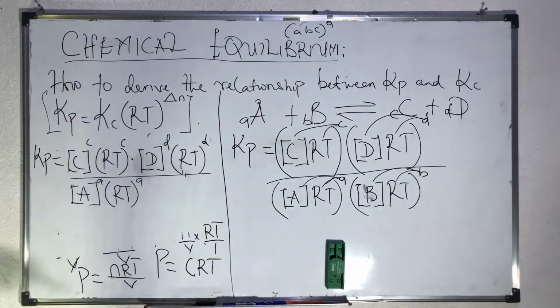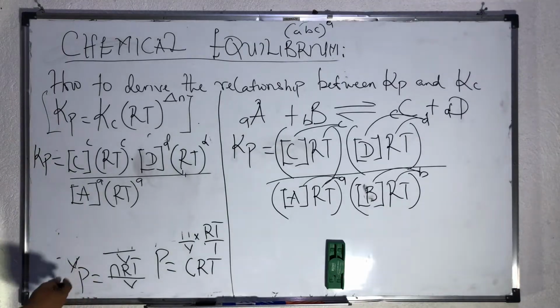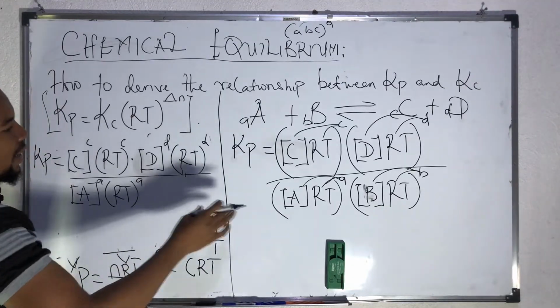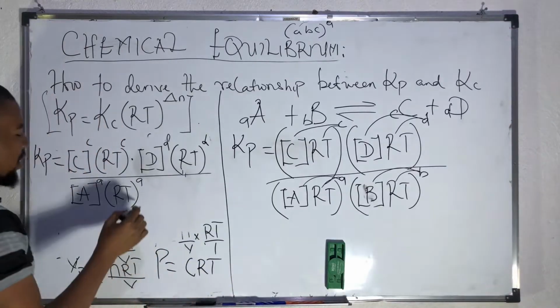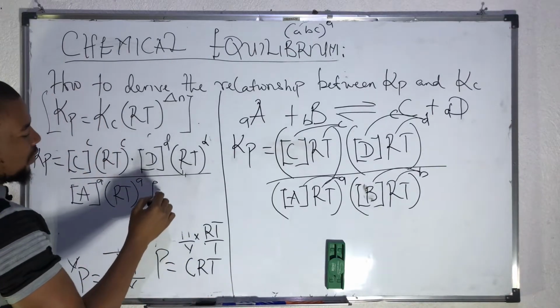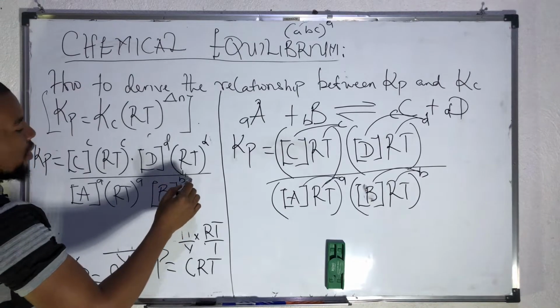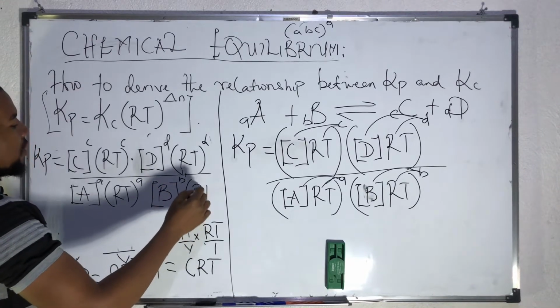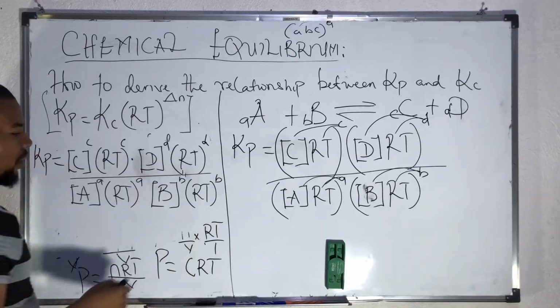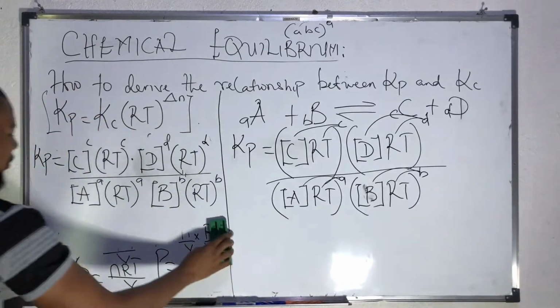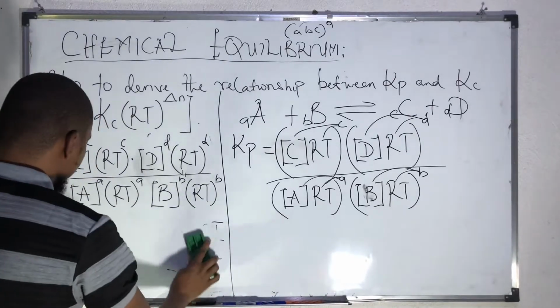That is also how it works here. And that was what I talked about, understanding the basic laws of exponents. Next up, let's do for the concentration of B. Here we have concentration of B raised to the power of B multiplied by RT raised to the power of B. Next up, what do we do?